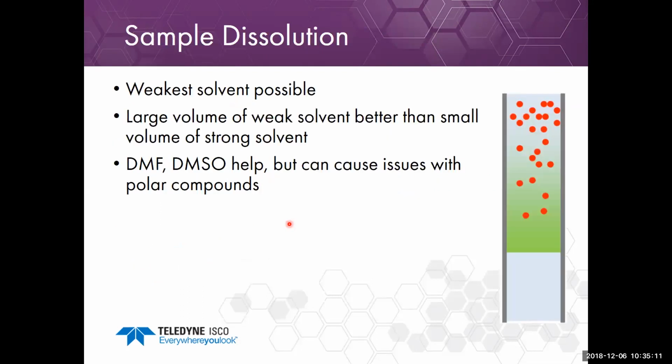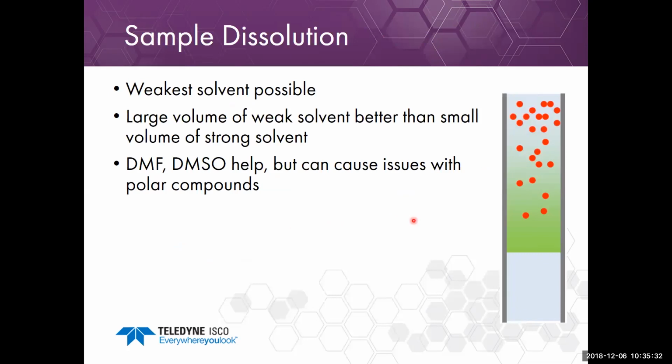Dissolving the sample, you want to use the weakest solvent that is possible. A large volume of weak solvent is better than a small volume of strong solvent. DMF and DMSO help you to dissolve the sample, but they can cause issues with very polar compounds, as I'll show you shortly.